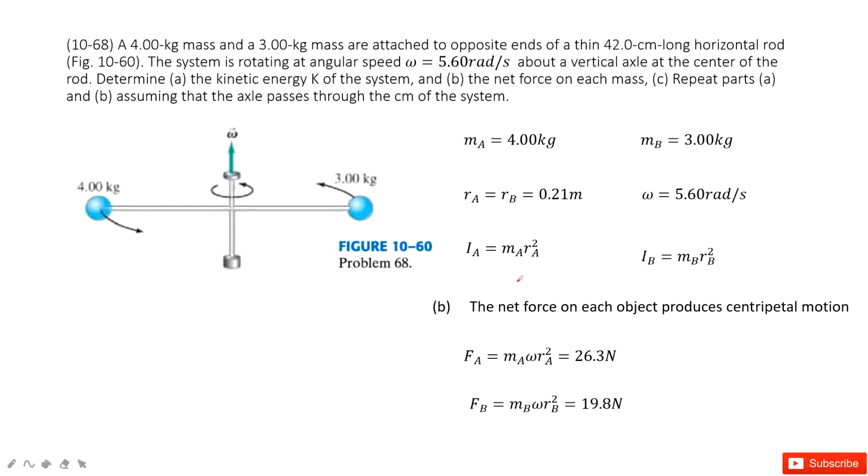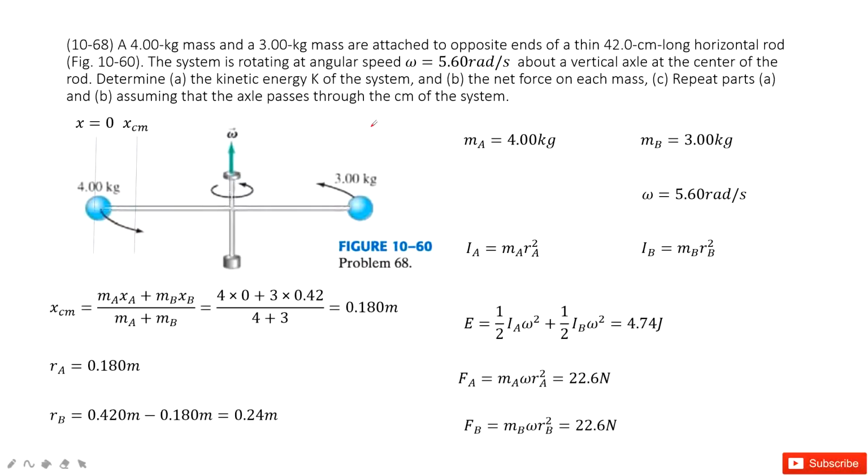The next one, we need to repeat parts A and B. Assume this axis just goes through the center of mass of the system. So it looks like the first thing we need to find is the position of this center of mass. Agree? So for the center of mass, we use this equation, and we consider this point as 0, right?